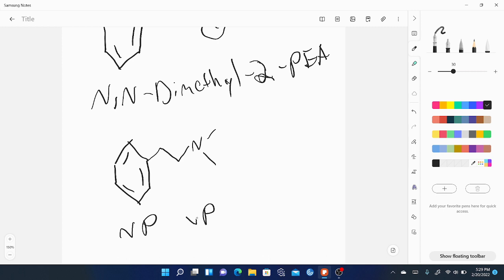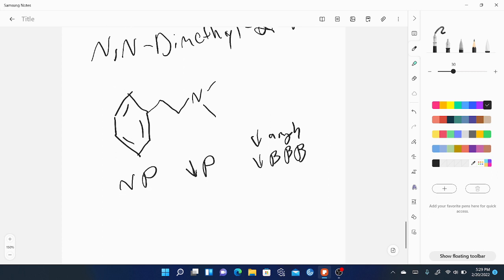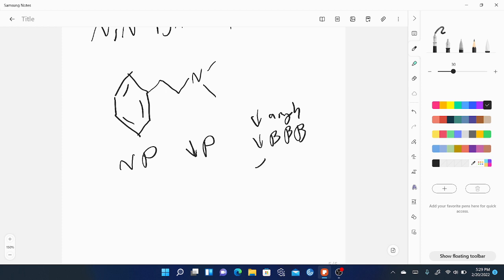So the polarity at the amine is down, so it's decreased amphipathism, decreased blood-brain barrier penetration. It does not have an alpha methyl substituent. And it has two carbons coming off of the nitrogen.